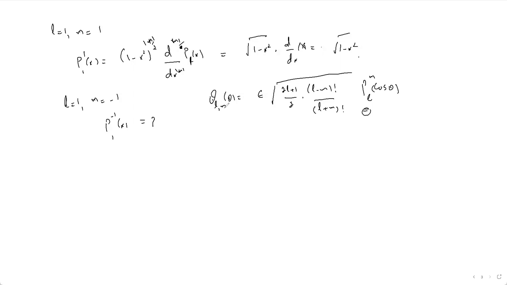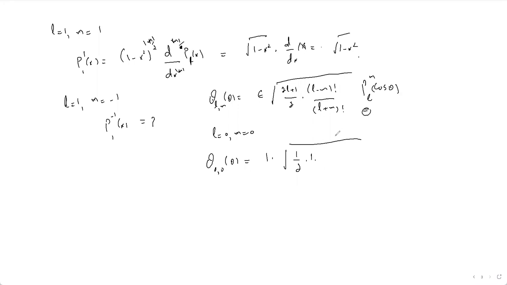So what is now theta? For example, for L is equal to 0, M is equal to 0, theta 0 0 of theta is equal to epsilon. When L is equal to 0, M is always equal to 0, so epsilon is 1. Into under root of 2 into 0 plus 1, that is 1 by 2, into (L minus M) factorial, that is 0 minus 0 factorial, divided by 0 plus 0 factorial, so that is 1 simply.